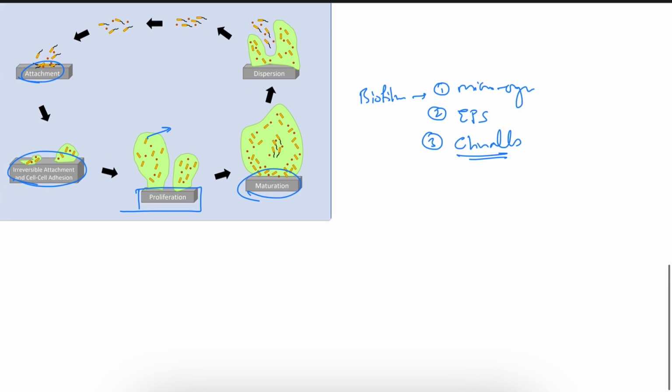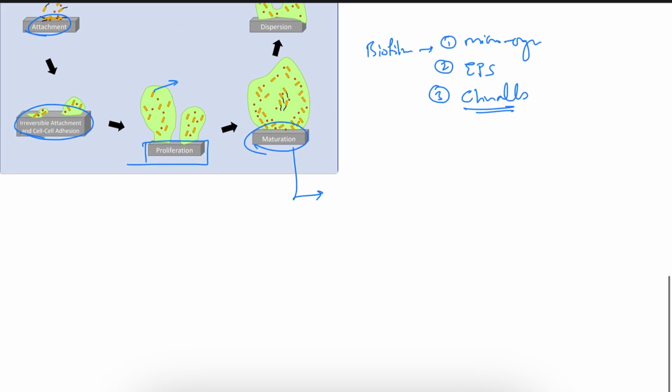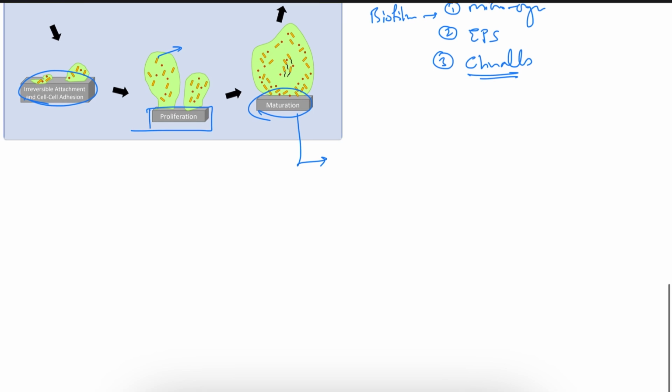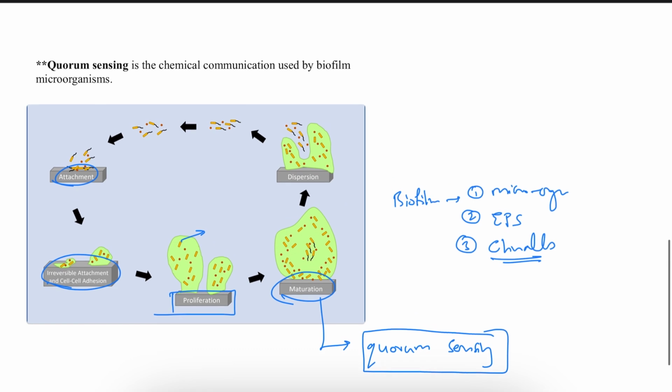Also, maturation is a stage where we see communication between the microorganisms using a unique chemical signaling called quorum sensing. This is a very important technical term which is important for the exam. Quorum sensing is a special type of chemical signaling that is used by microorganisms, particularly in biofilms, to communicate.